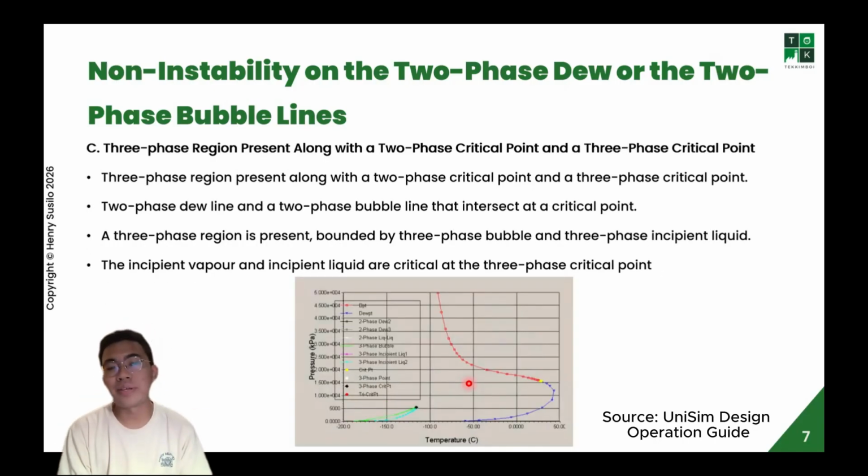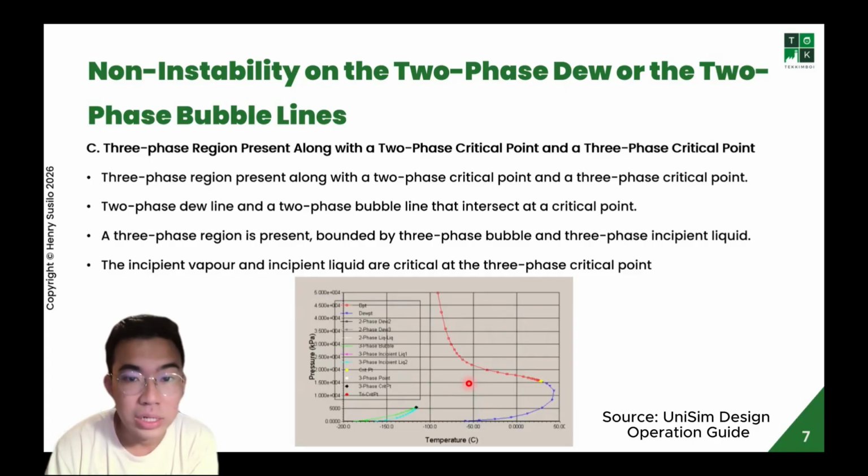The next one is a three-phase region present along with the two-phase critical point and a three-phase critical point. You could see that the two-phase region is on the right side of the envelope. So we have the bubble line for two-phase and also the dew line for two-phase, where they meet at the critical point. And on the left side, there is a three-phase region, which also has the critical point for the three-phase.